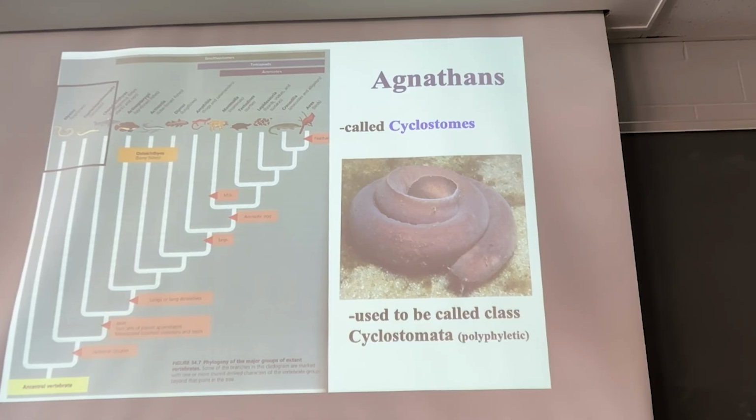It's polyphyletic, which means it has too many ancestors. There's no common ancestor to all of the ostracoderms, at least that's what they believe based on the fossil record. And hagfish are not really closely related to lampreys. If you look at them, they are very different.